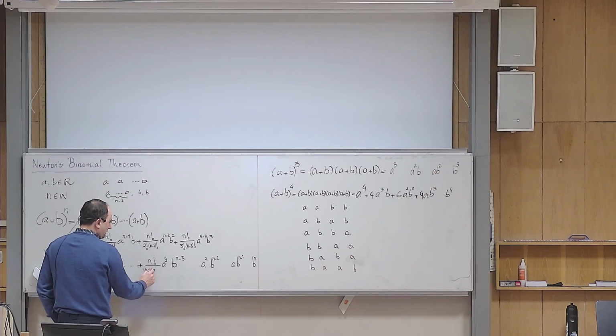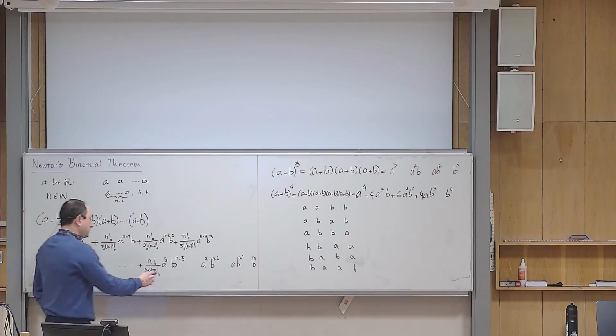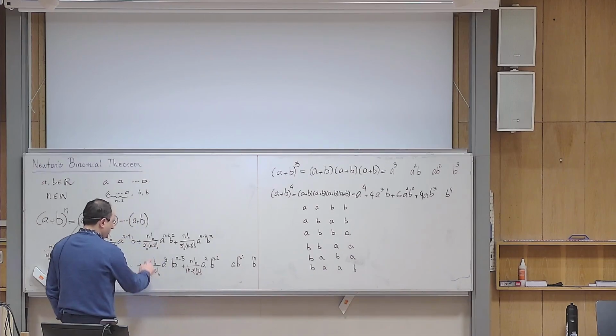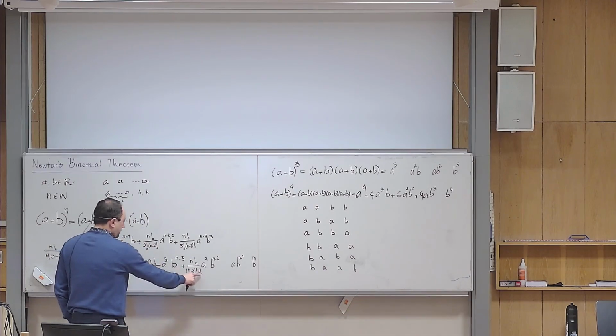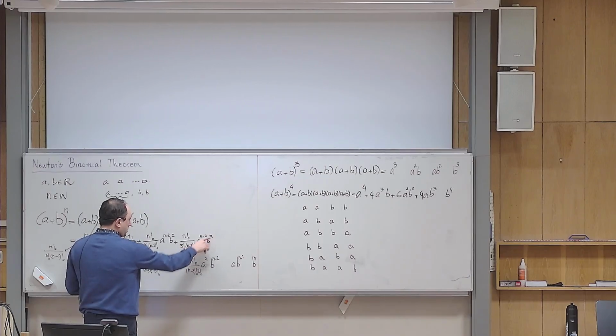Let us just do it in our head. It becomes n factorial over 3 factorial, n minus 3 factorial. And the next one becomes n factorial, n minus 2 factorial, 2 factorial. Do you see why this is 3 factorial and why this is 2 factorial? Because I always have n minus the number of b's.